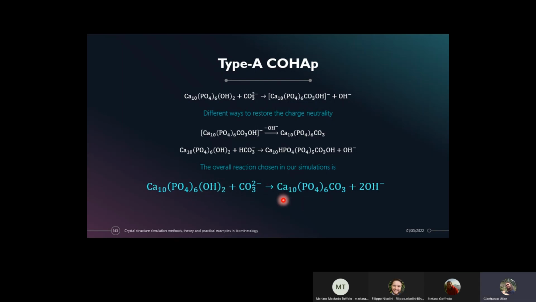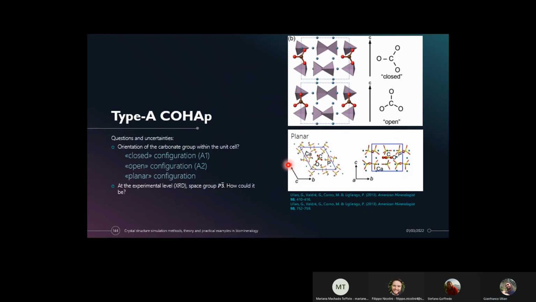So the final formula for the type A carbonated hydroxylapatite is that one. A very interesting feature that puzzled the experimental crystallographers was: what is the position, the orientation of the carbonate ion inside the structure?